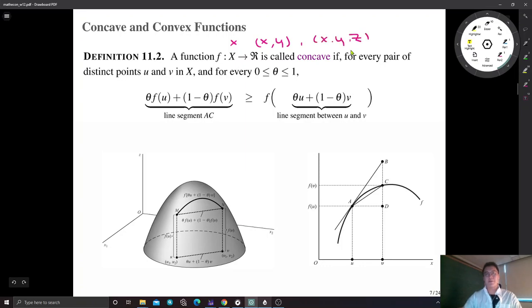It does not matter. We can apply this same definition to every kind of function regardless of the dimension of the domain. Function f is said to be concave if for every pair of distinct points u and v in the domain, the following inequality is true.